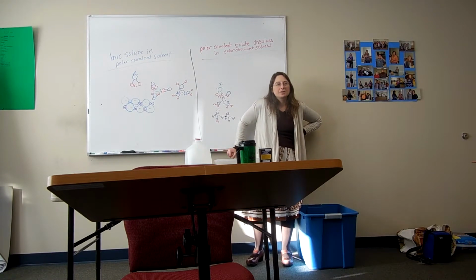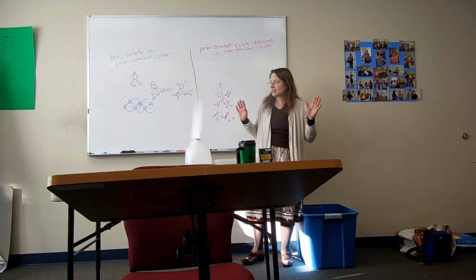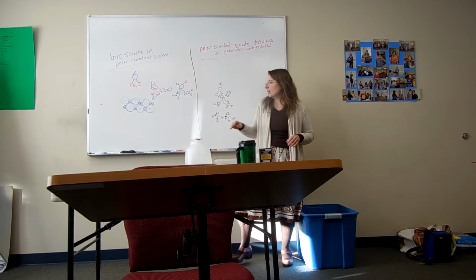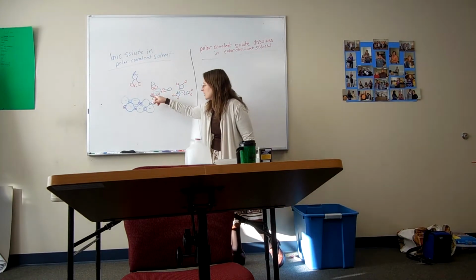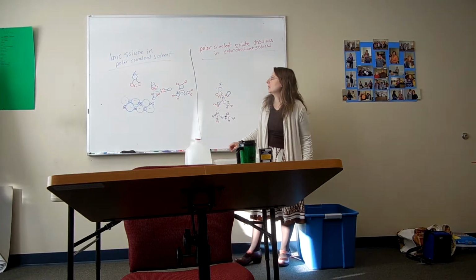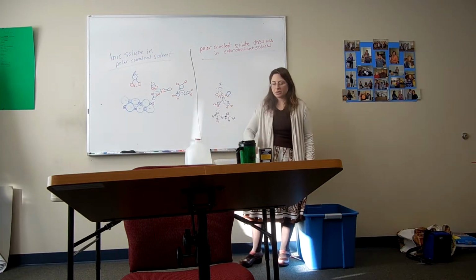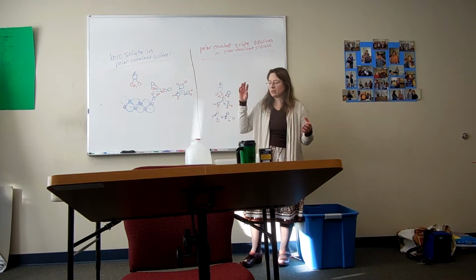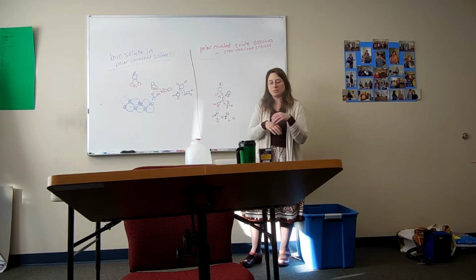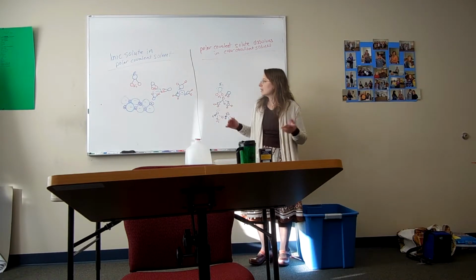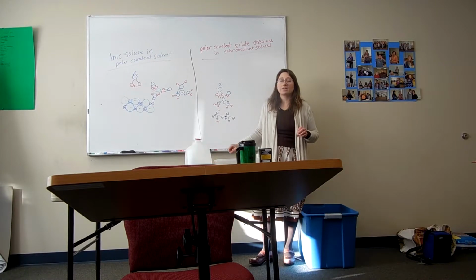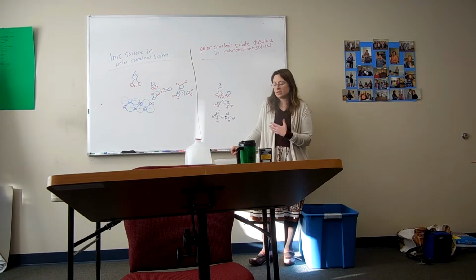What do you do? Stir. Stirring. That stirring is a great way to increase the number of collisions and interactions between your solid solute and your solvent. You stir, you're going to make more of the solvent molecules hit the solute ions or molecules, and that increases the rate of dissolving.